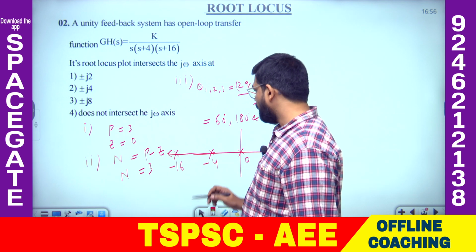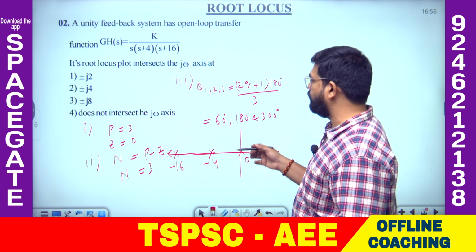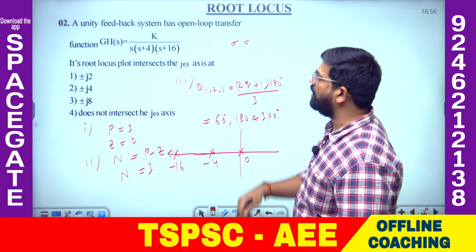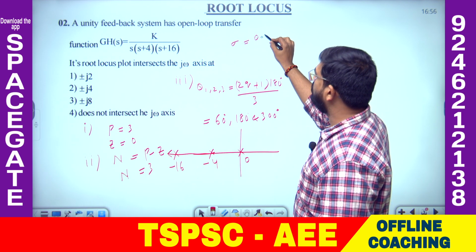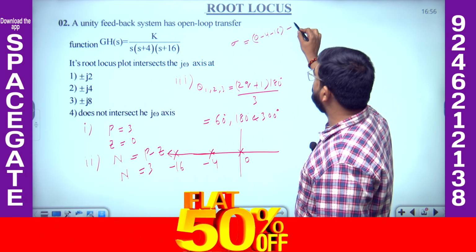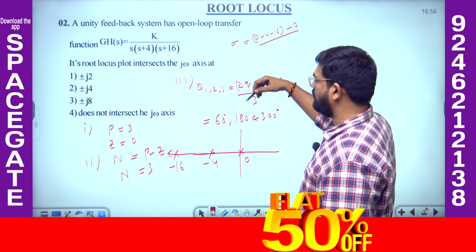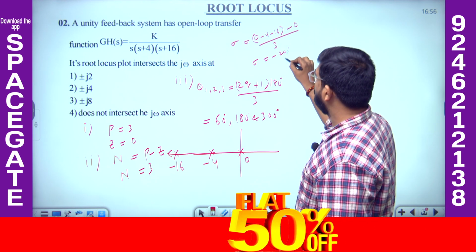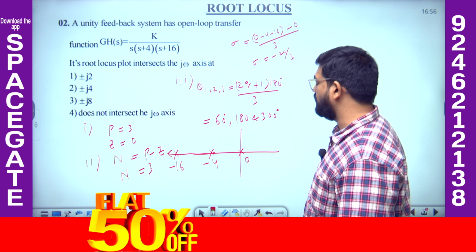Okay. So angle of asymptote, centroid, if you find, what will be the centroid? Centroid sigma is equal to sum of real parts of poles, means 0, minus 4, minus 16, minus of 0, by 3, means minus 20 by 3.